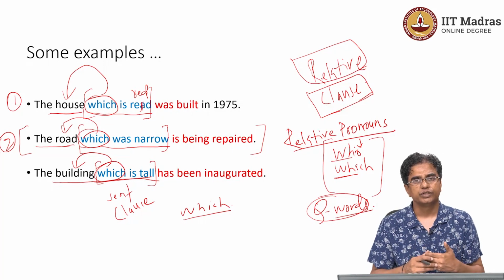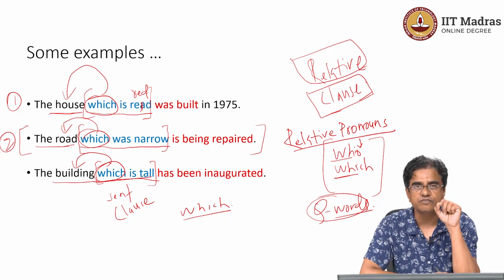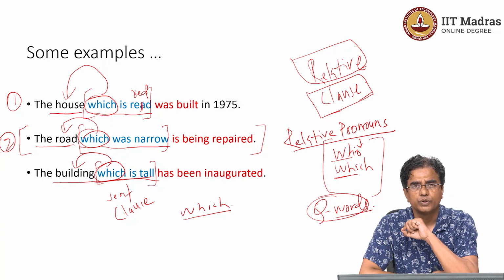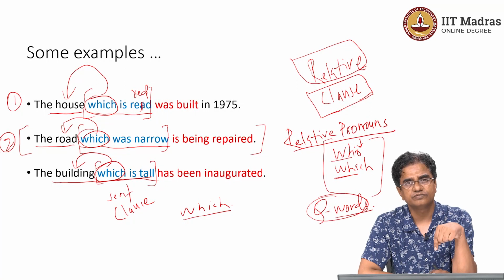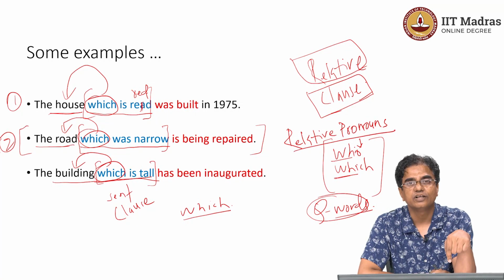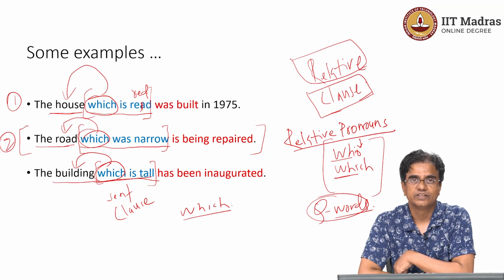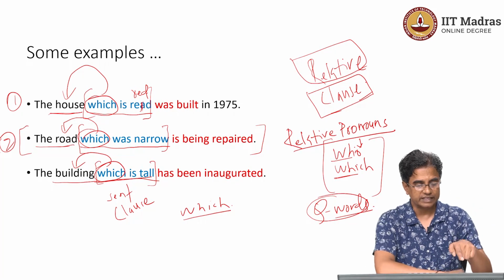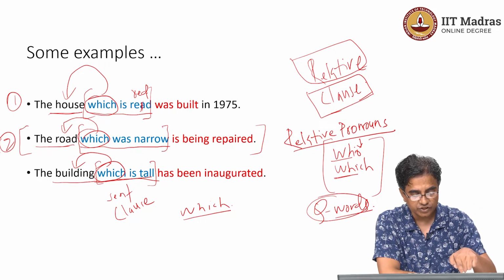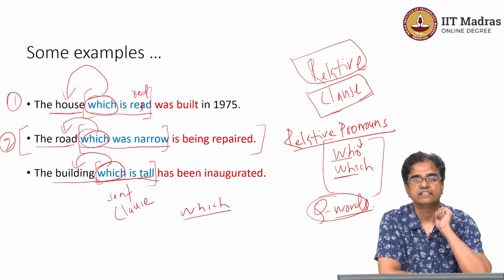As you know, the function of a pronoun is to stand for a noun. So, what is the noun that they stand for? These stand for the nouns they modify. So, if we break a relative clause into 2 parts, the sentence is: the house which is red was built in 1975.